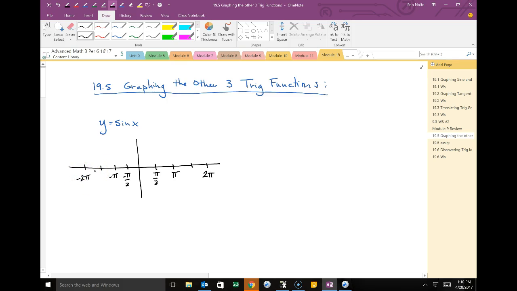Okay, and then I have to label my y-axis, and the y-axis comes from the amplitude. So the amplitude of this is... The correct answer is 1. That was close. That's the a value that's in front of the sine.